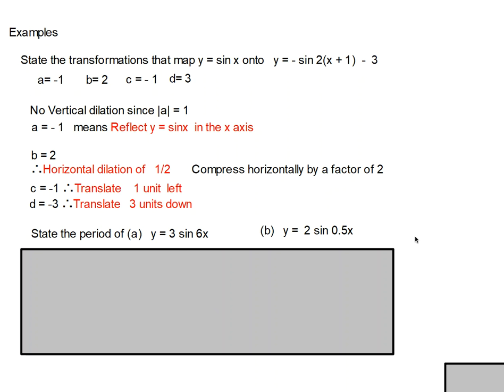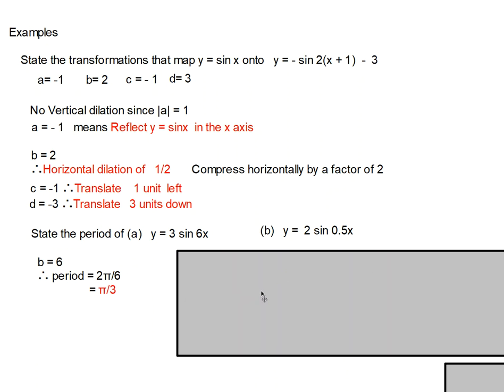Here's a couple of little questions. Sometimes we just want to look at an equation and determine its period. Again, you might like to stop the video and try that one for yourself before you reveal the answers. Okay, we identify in the first one here that the number in front of x is 6.